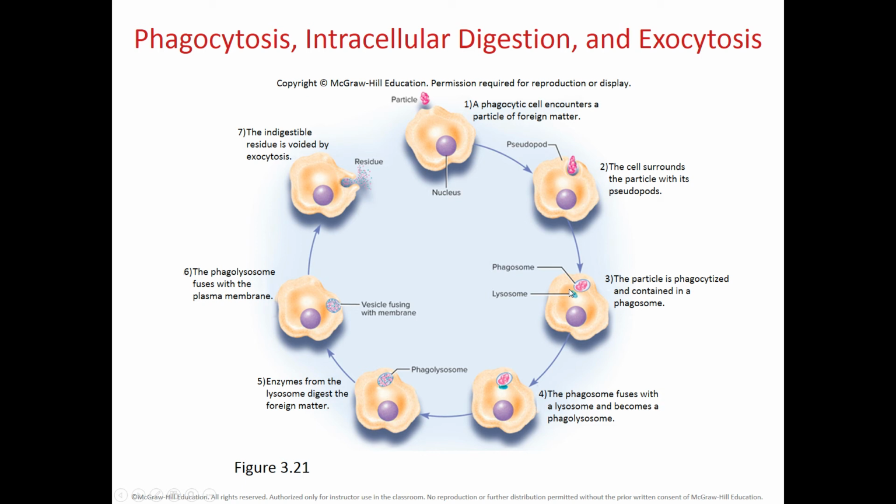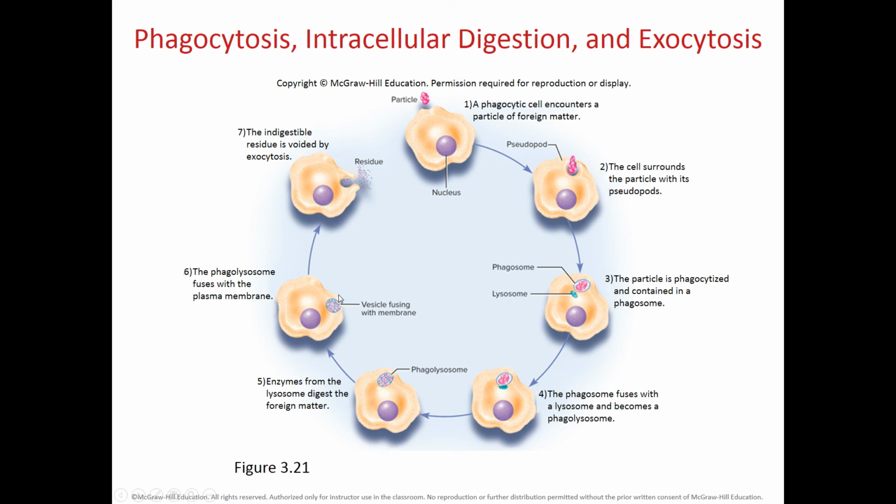And this phagosome is going to fuse with a lysosome, or a vesicle in the cells that has enzymes. And you're going to form, as you can see here in step 5, a phagolysosome. These enzymes are going to break down the chemical bonds in this foreign particle and produce pieces.